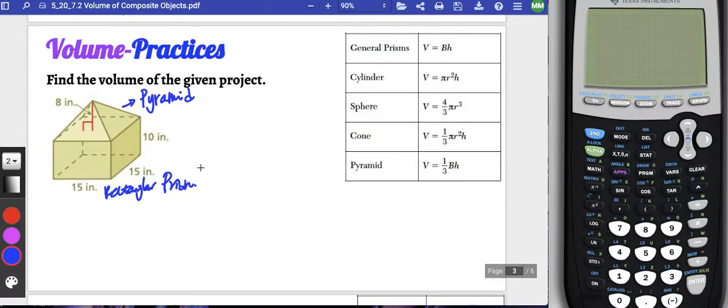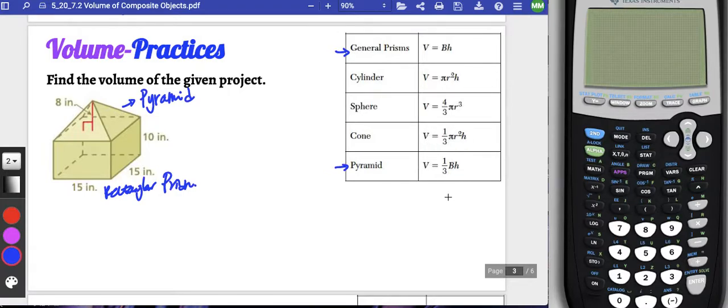So those are the two parts. Clearly, if we want to find the volume, we definitely need two parts. First, we need to find the volume of the general prism, which in this situation is a rectangular prism, and the other one is a pyramid. Before we start the calculation, one thing I want to remind you about is the formula we use.